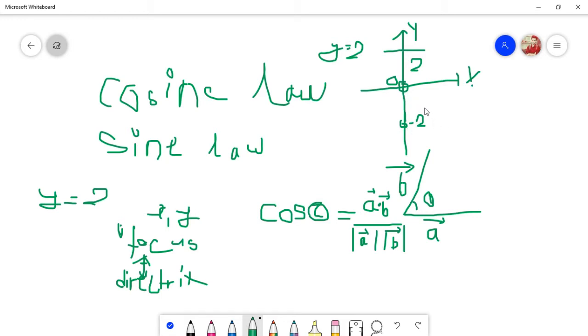So actually the parabola faces its opening towards its focus. This is the focus, and if you draw a line like this, this distance will also be equal, this distance is also equal.